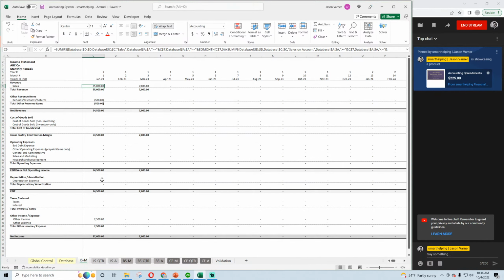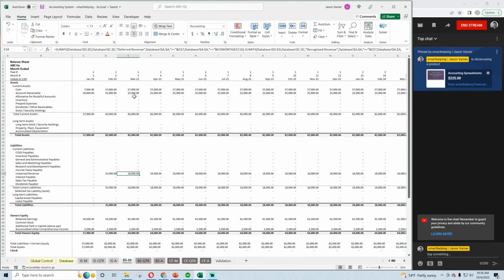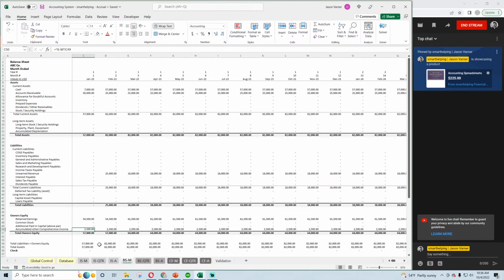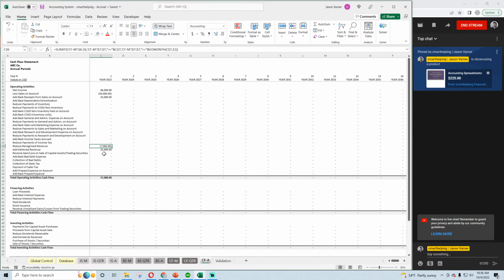It will increase income here, increase net income. It will also increase cash. Now this also flows to other comprehensive income, not retained earnings. So this 2,500 here, it does hit owner's equity on the balance sheet, but it hits other comprehensive income accumulated, not retained earnings. And then cash flow, it will hit in net income. And it is cash received whenever that happens.